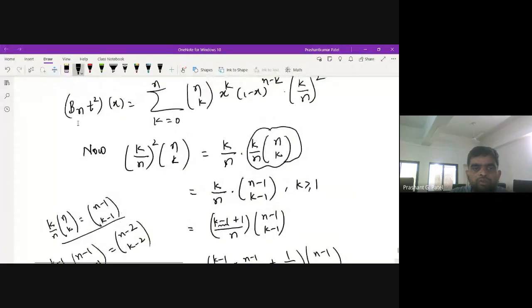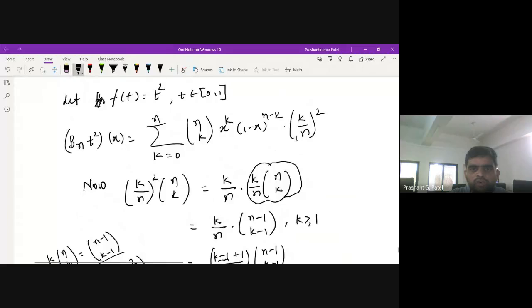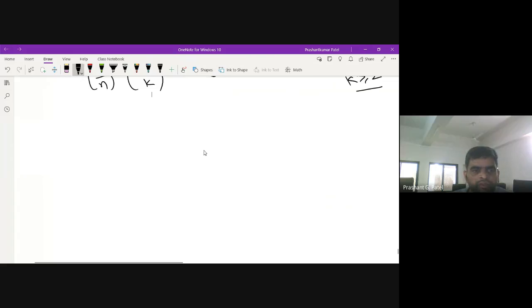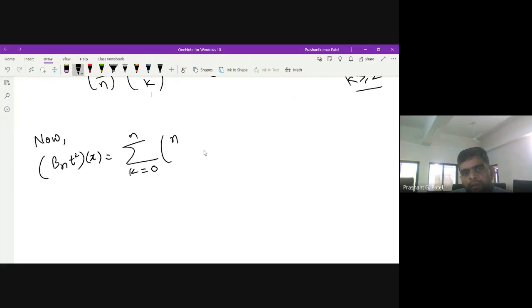Now I'm putting this value here, that is k by n square into nCk. So as per that, Bn of t square at x is summation k running from 0 to n, nCk into k by n whole square, x power k, 1 minus x power n minus k, which we already have.